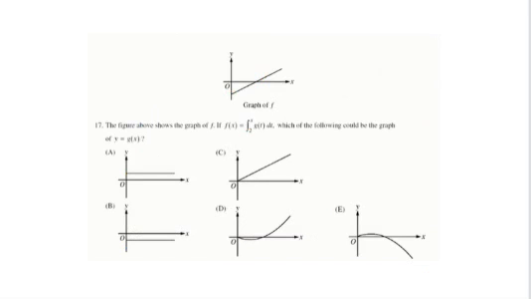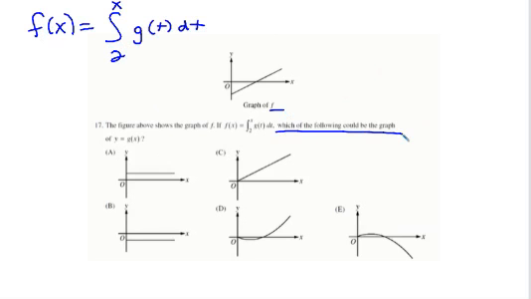All right. They tell us that the graph, the figure above, is the graph of f, and they tell us that f of x is the integral from 2 to x of g of t dt. All right? And then they ask, which of the following could be the graph of y equals g of x?